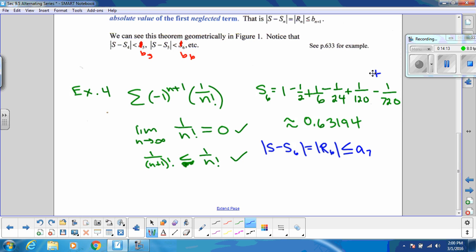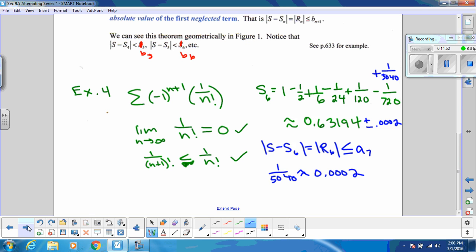That would have been plus 1 over 5040, which is approximately equal to 0.0002. So that's how close we are. Our actual sum is that plus or minus 0.0002. That's pretty accurate if you think about it. So that's how we use that error.